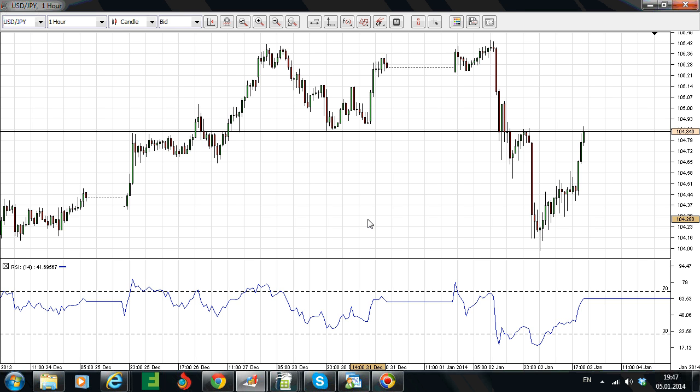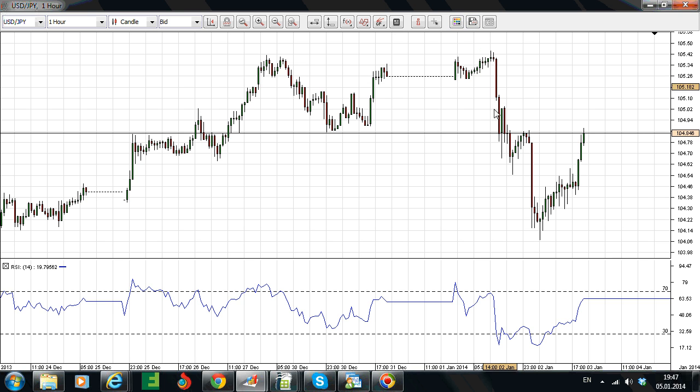Now we'll use a couple of examples. I don't know if you know what a divergence means, but whenever you are looking at the price, this is the US dollar Japanese yen 1 hour chart, for example. So whenever you are looking at the chart and at the oscillator, the RSI with the period 14, you look for both price and the oscillator to have the tendency to move in the same direction.